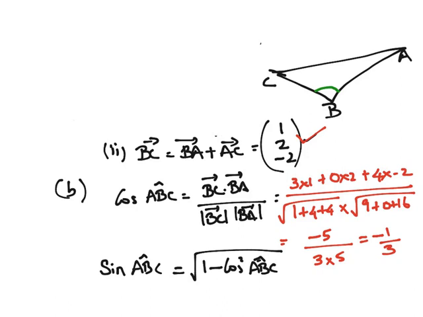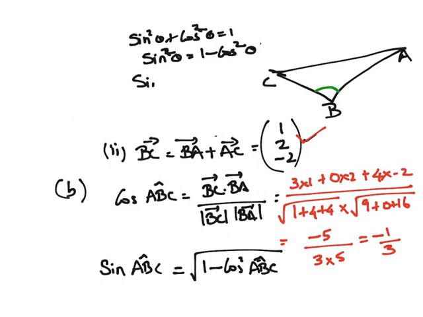Now we know that sine square theta plus cos square theta equals 1, which means sine square theta is 1 minus cos square theta. So sine theta is plus or minus the square root of 1 minus cos square theta, either plus or minus, not both at the same time. But here angle B is obtuse, which means its measure is between 90 and 180.